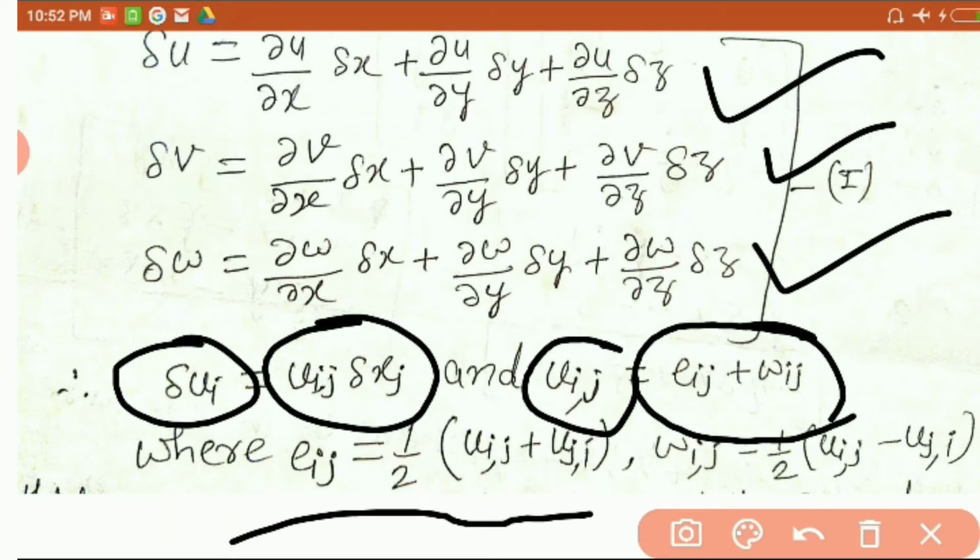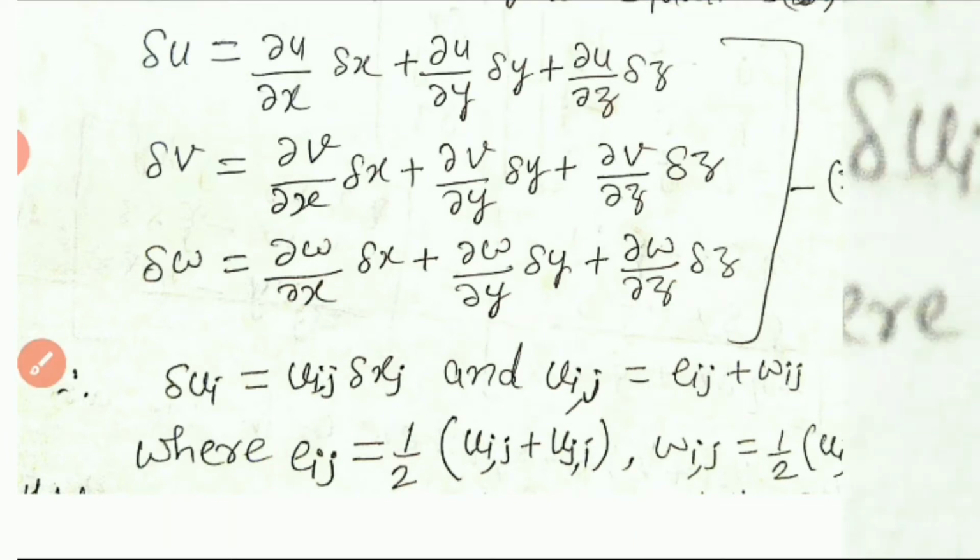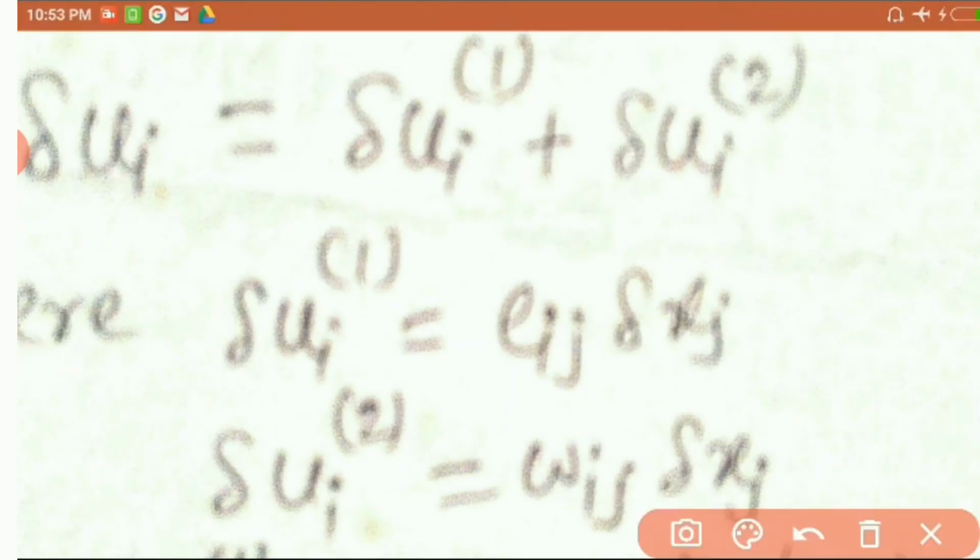Here eij is 1 by 2 (uij plus uji), wij is equal to 1 by 2 (uij minus uji), so that eij is a symmetric tensor of the second order and wij is the skew symmetric tensor of the second order, and thus we can write delta ui is equal to delta ui1 plus delta ui2.